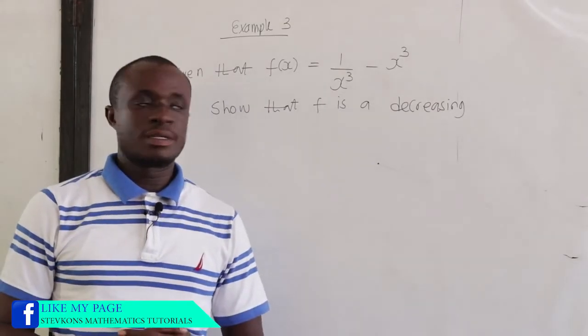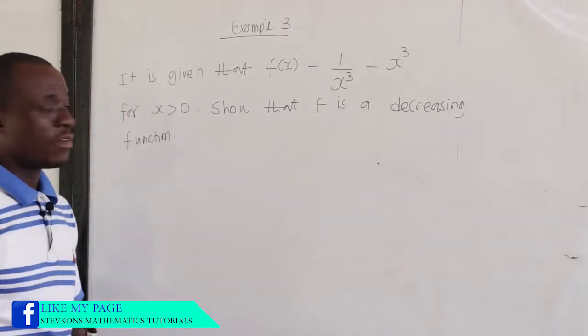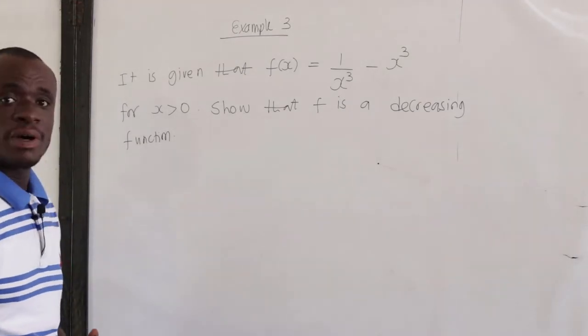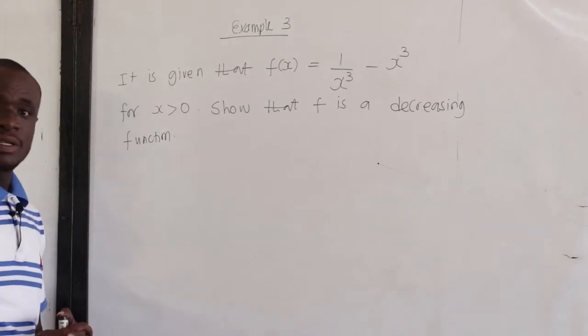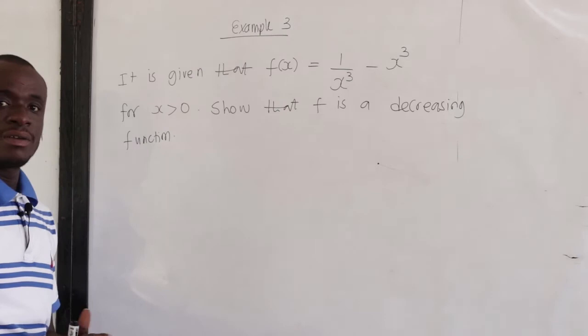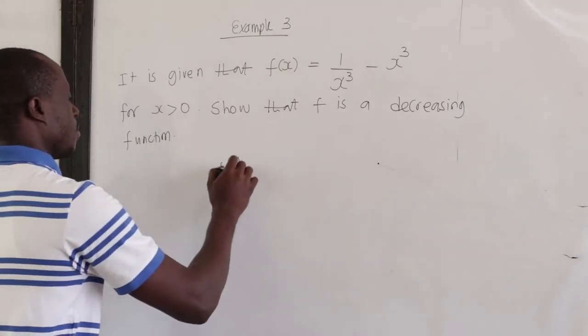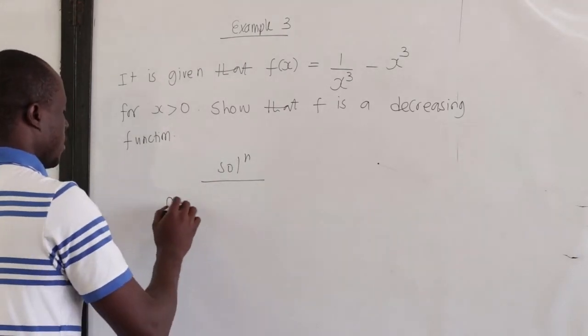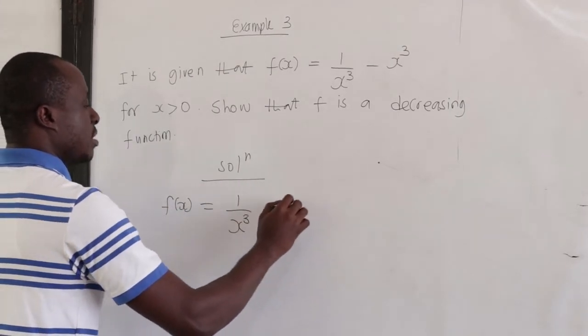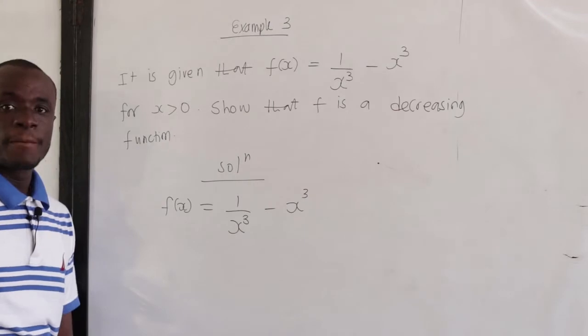Let's consider this example. It is given that f(x) = 1/x³ - x³ for x greater than 0. We show that f is a decreasing function. Now, our function f(x) is 1/x³ - x³.